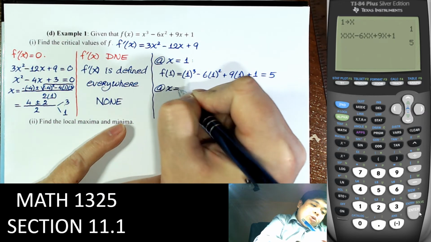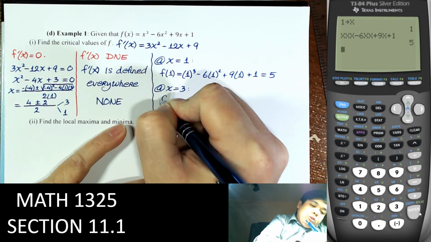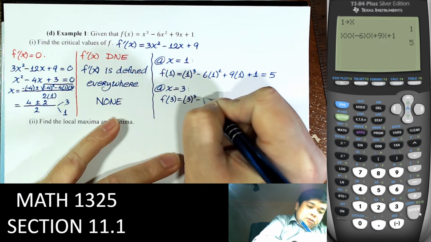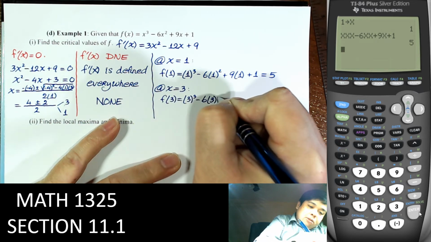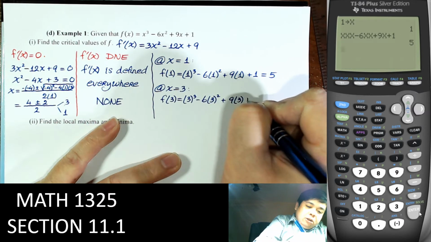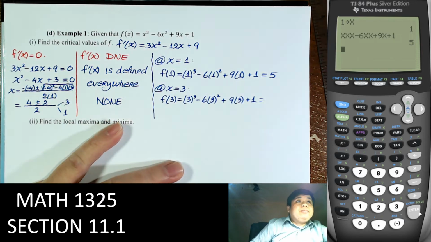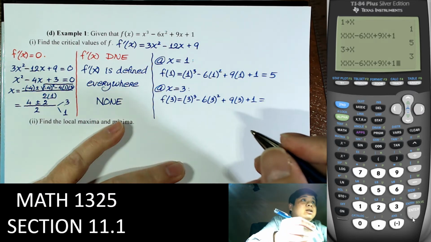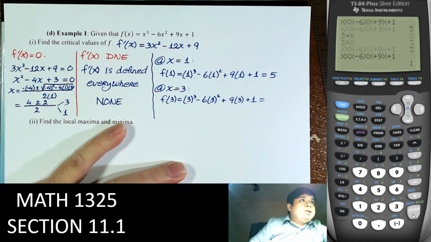When x equal to 3, put 3 in for x. So 3 is turned to x. Again, the original function. So just go up there, evaluate, and if we do that, that gives us 1.